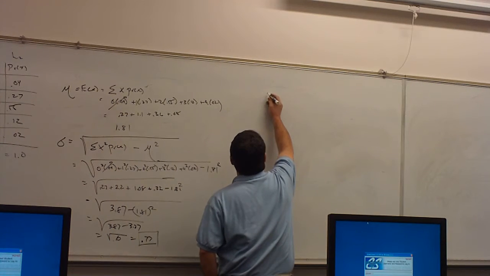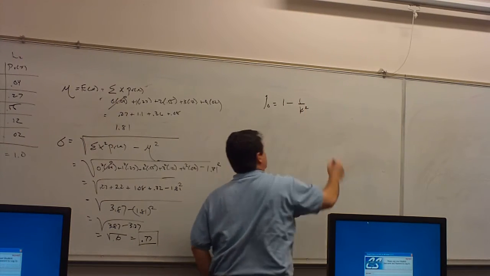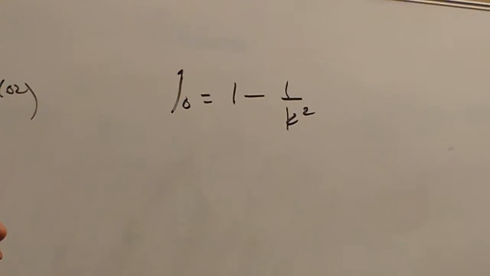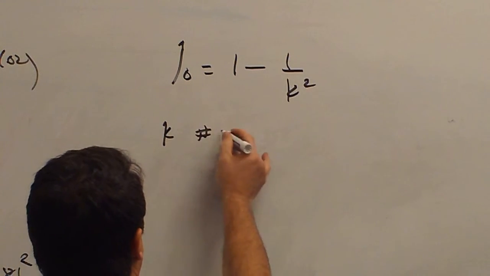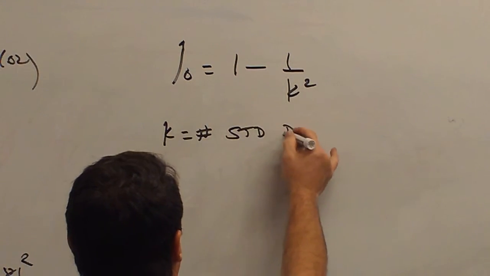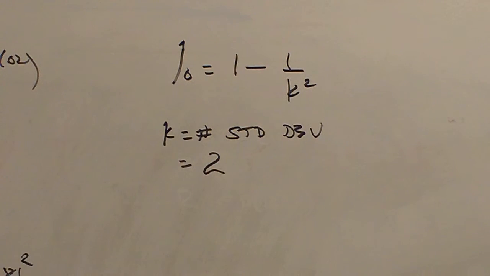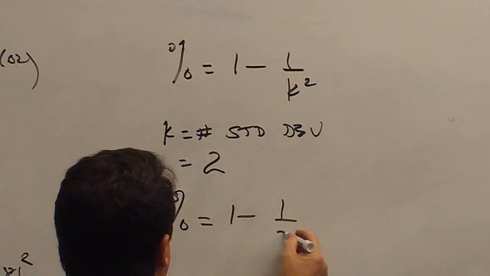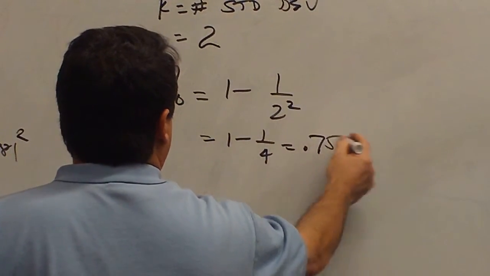Chebyshev says the percentage equals 1 minus 1 over k squared, where k equals the number of standard deviations. In this case, that is 2, since they say fall within 2 standard deviations. So the percentage equals 1 minus 1 over 2 squared, 1 minus 1 over 4, which equals 0.75.